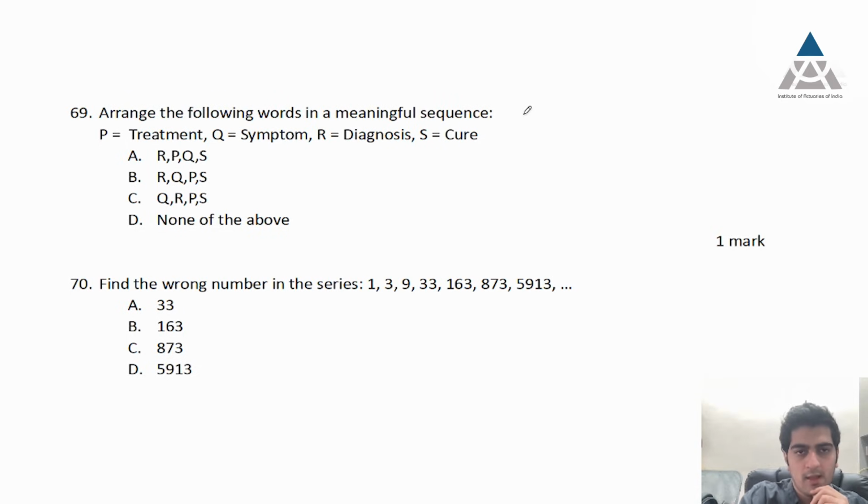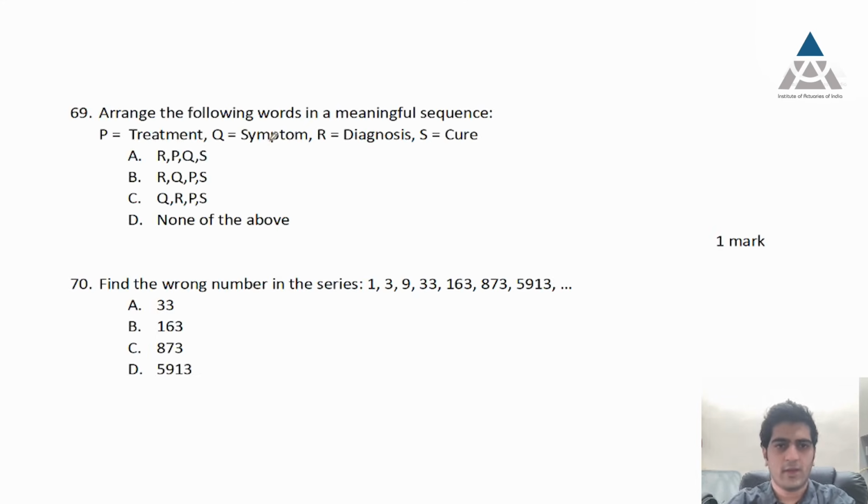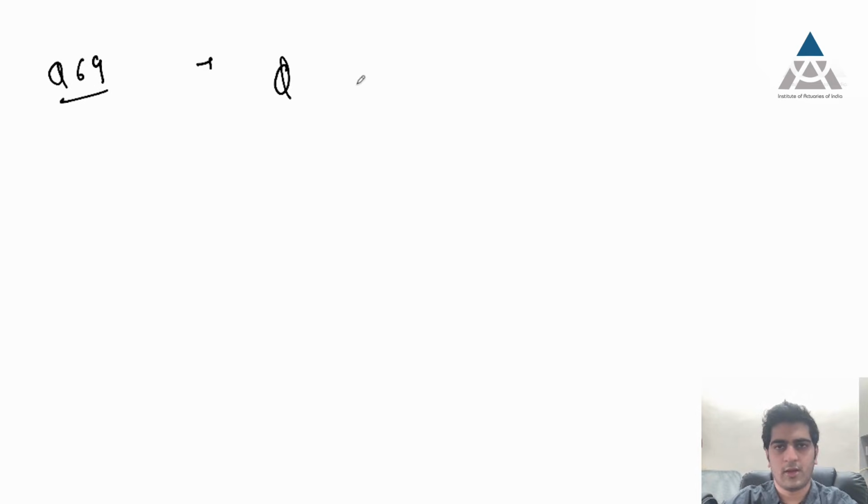Okay. So we move to the next one, that is question 69. Arrange the following words in a meaningful sequence: treatment, symptom, diagnosis, cure. Okay. So obviously, logically, for any illness, let's say fever, first you will see there are some symptoms: you may be feeling tired, you may be feeling warm.